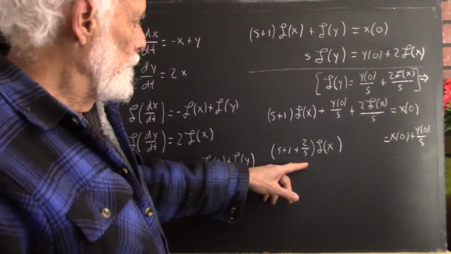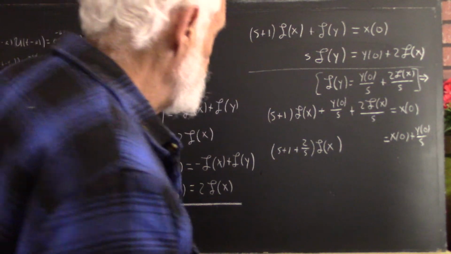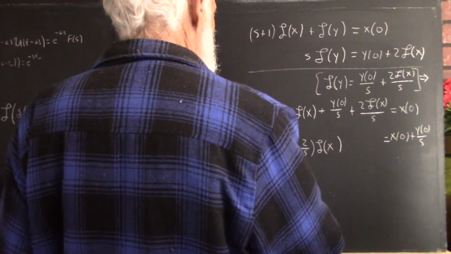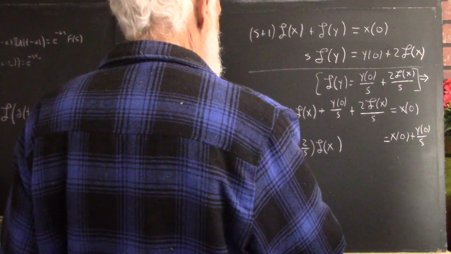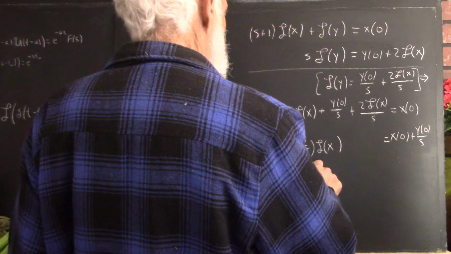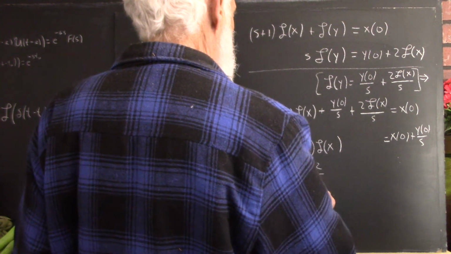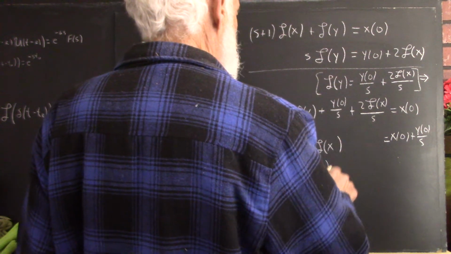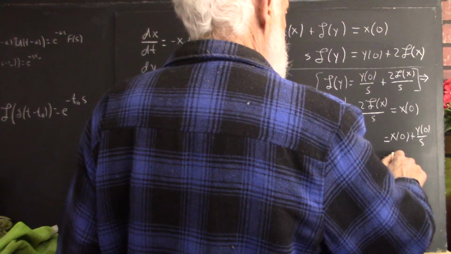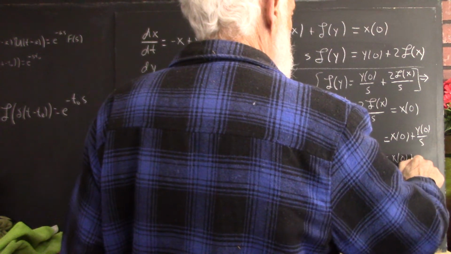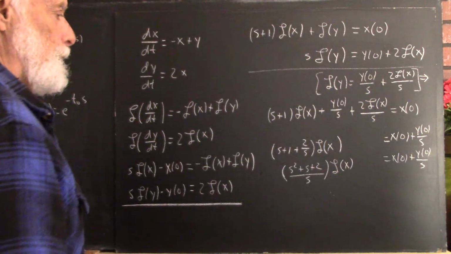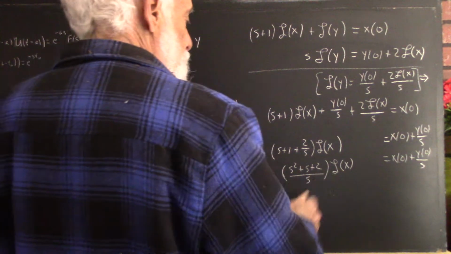Then we probably put this over the common denominator, and I'm actually going to do the step. It should be unnecessary. So we're going to have (s squared plus s plus 2) over s times L of x equals, write it out, x of 0 plus y of 0 over s. So that now we've got our L of x.